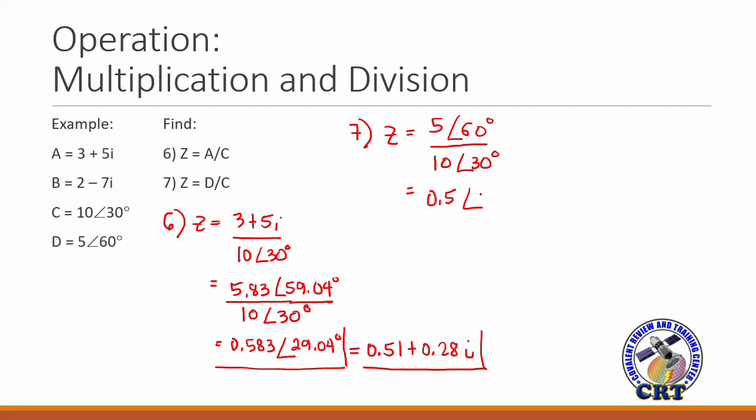So 60 minus 30 is 30 degrees. This is in polar form. Let us convert this to rectangular form. So rec of 0.5, comma, 30 degrees, and this is equivalent to 0.43 plus 0.25i.